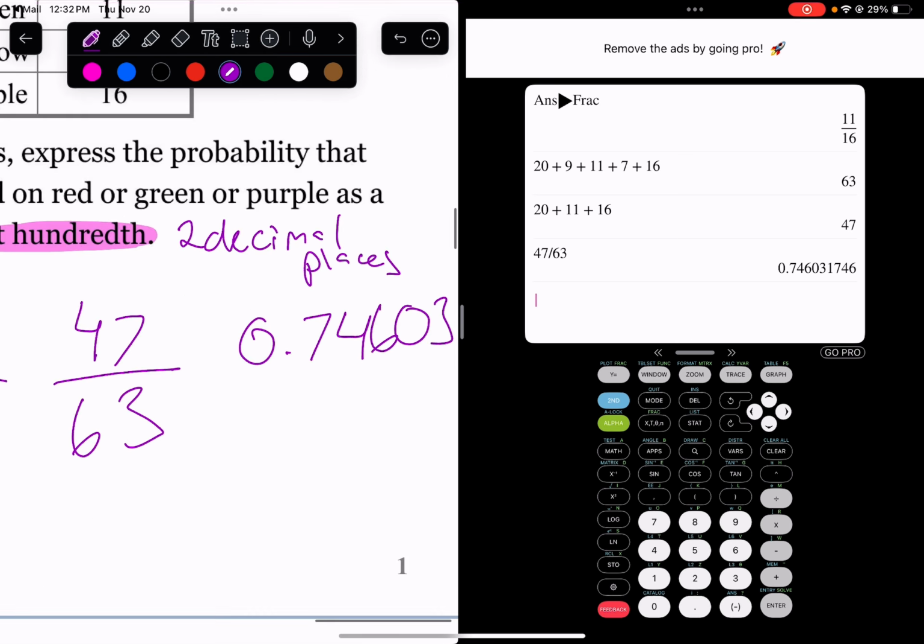Now, they told me to round to 2 decimal places, so that means I have to cut it off right here. And this number tells me if my 4 is going to stay the same or my 4 is going to get rounded up. If it is 5 or higher, you're going to round up that place. If it's 4 or lower, it's just going to stay the same. So in this case, because it's a 6, I'm going to round that 4 to a 5. So I get 0.75.